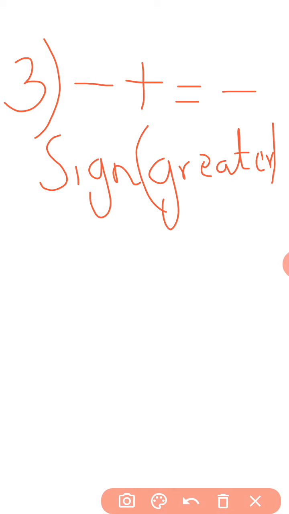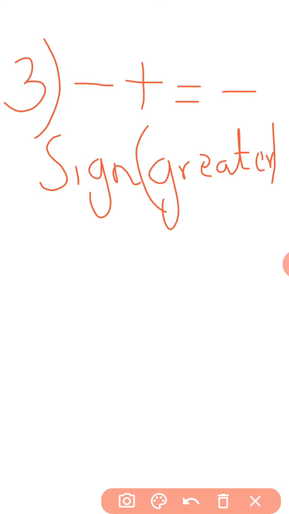Okay, if we are having two numbers with opposite signs, one negative and the other positive, we subtract, but the result will come with the sign of the greater number.